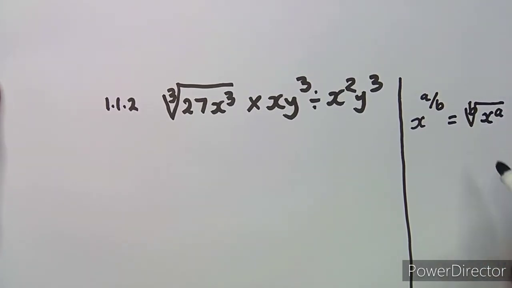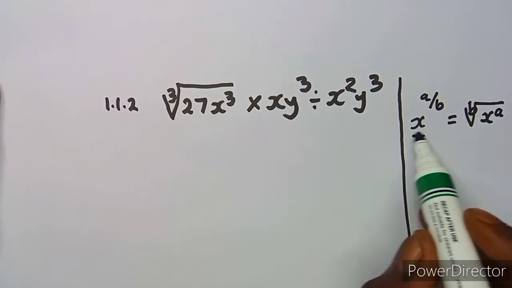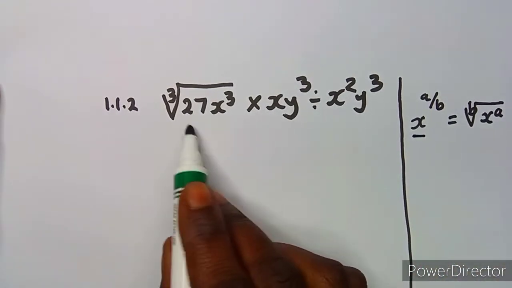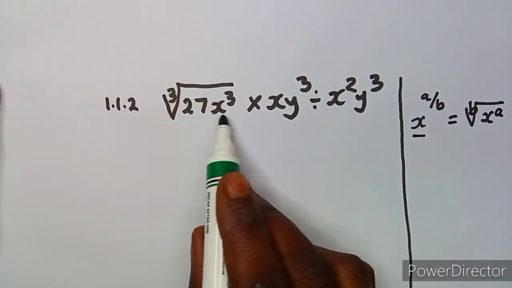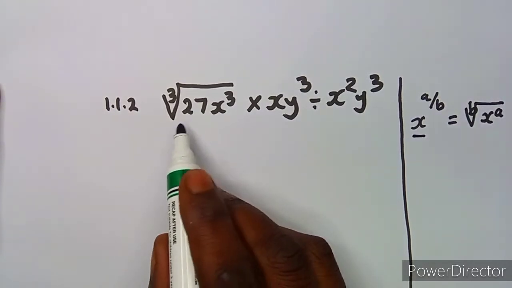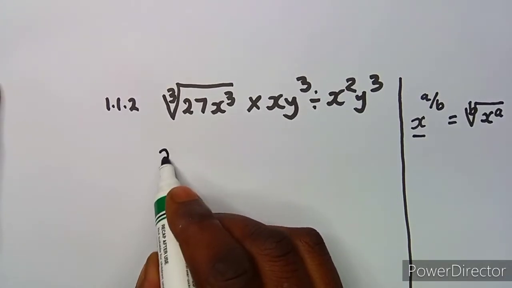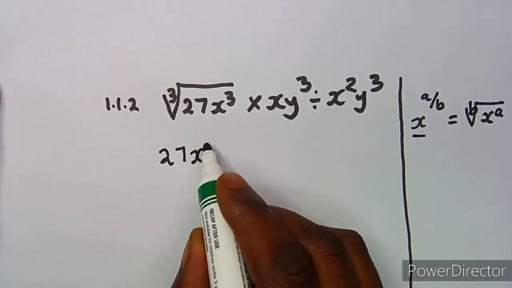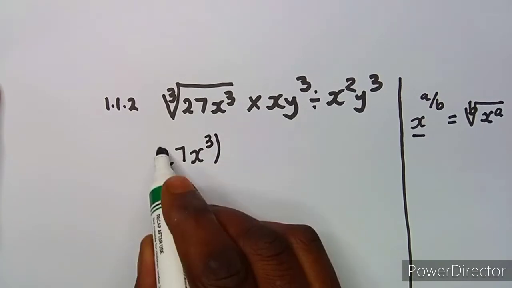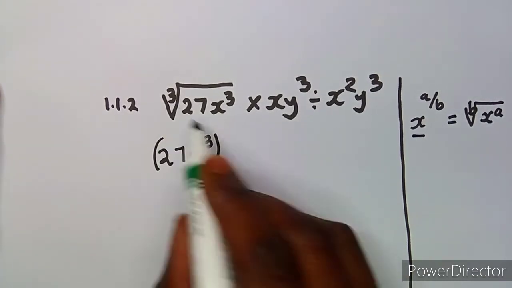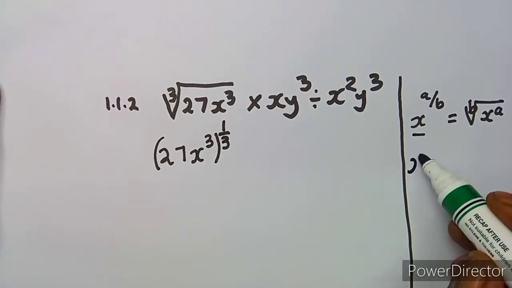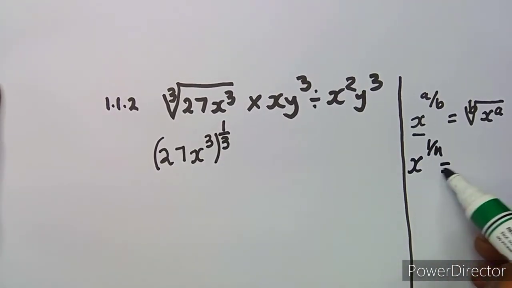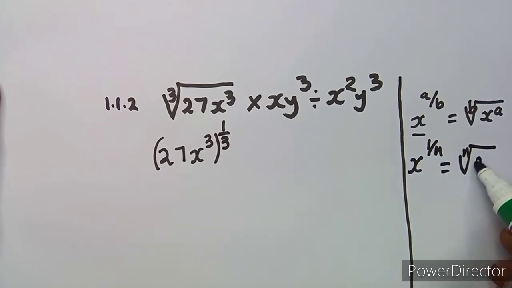So in actual sense, this can be rewritten in this form, which means 27 x to the exponent of 3, this part here that we are having, is the same thing as writing it as 27 x to the exponent of 3 like this to the exponent of, since we are having a 3, it is going to be 1 over 3 like this. Okay, which can be taken as this 1 over n is the nth root of x, like that.